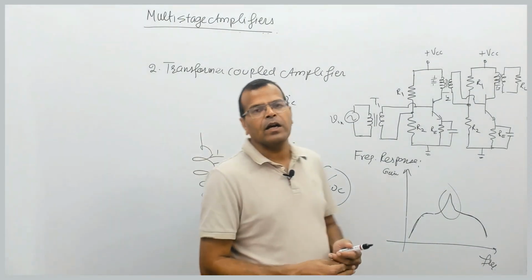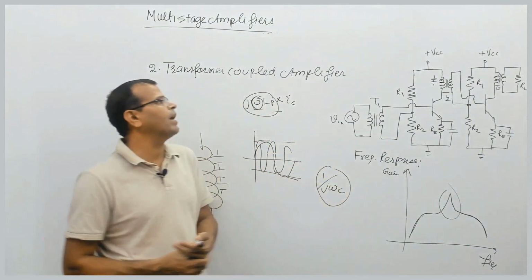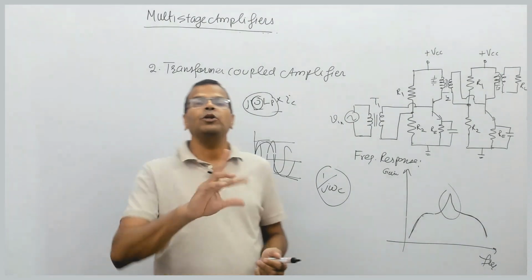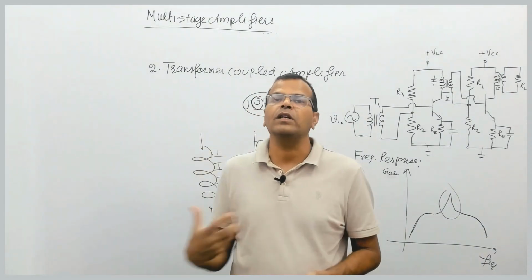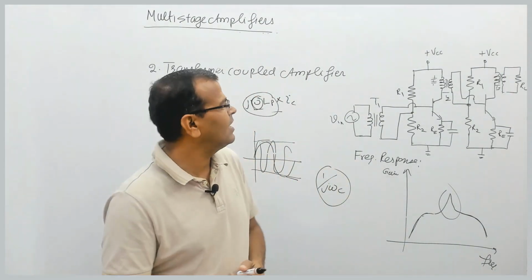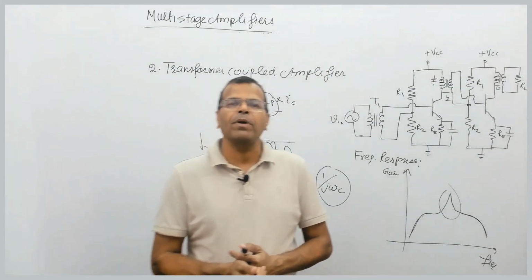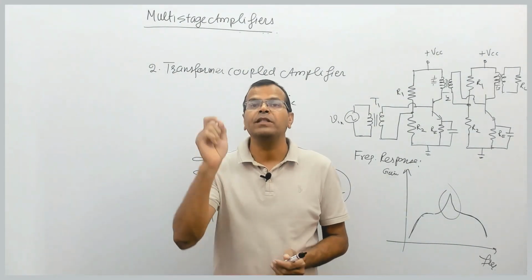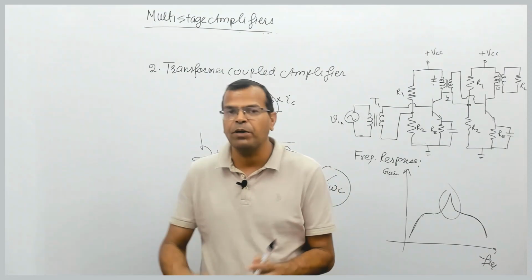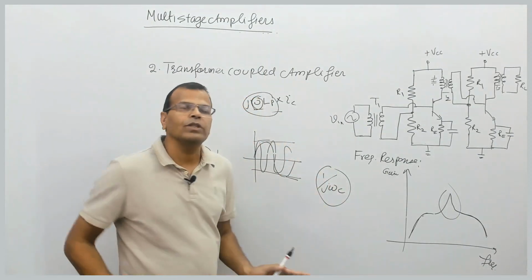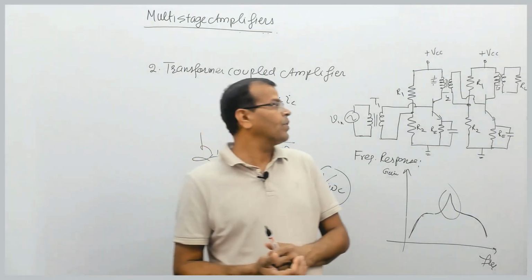And the transformer coupled amplifier is mostly used at input and output stages, not in intermediate stages. So these are certain points you may remember, especially from the engineering services prelims point of view. There can be questions in engineering services prelims mostly.